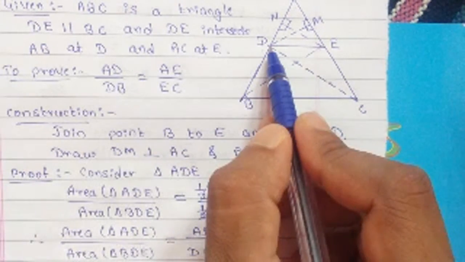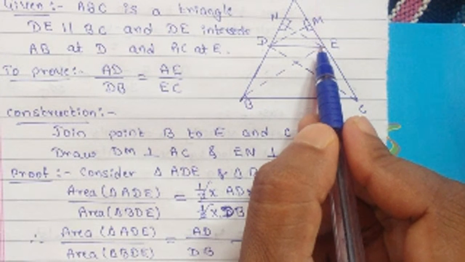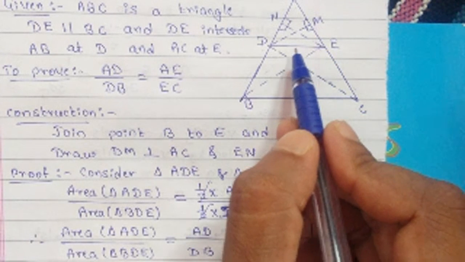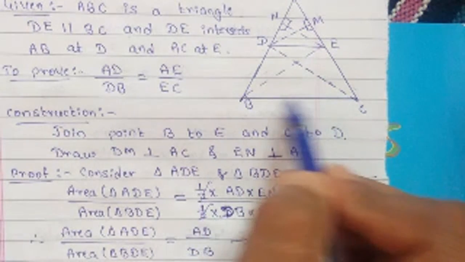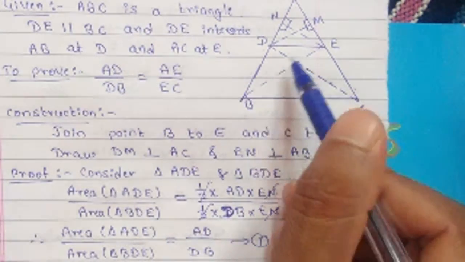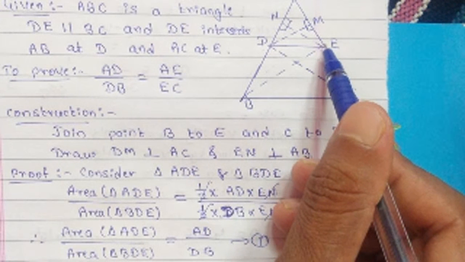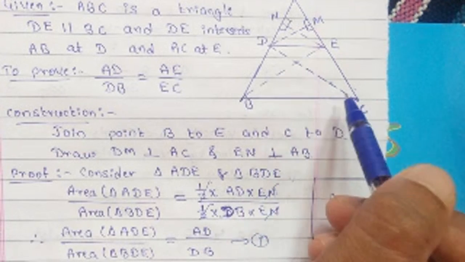Both are present on the same base, that is DE, and both are present between the same two parallel lines. DE and BC are parallel lines, as given in the statement, and therefore these two triangles are present on the same base DE and between the same two parallel lines, DE and BC.